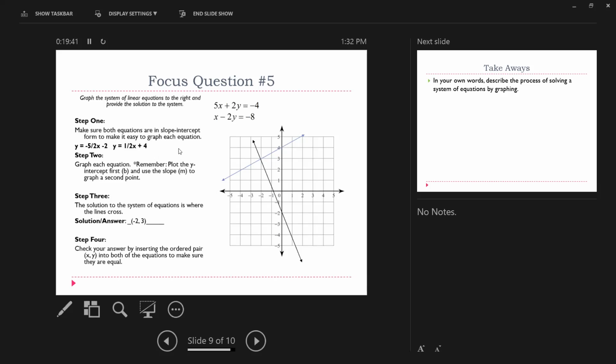Does anybody not remember? Okay, Kaleo, if I said solve those for y, would you know what to do?